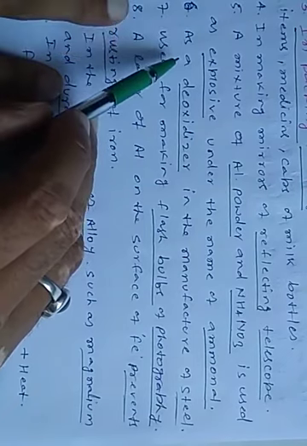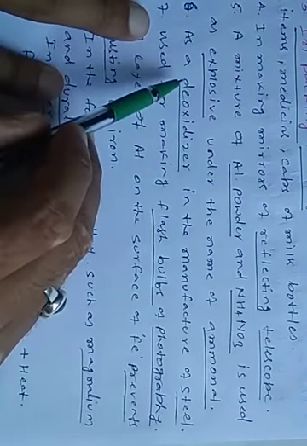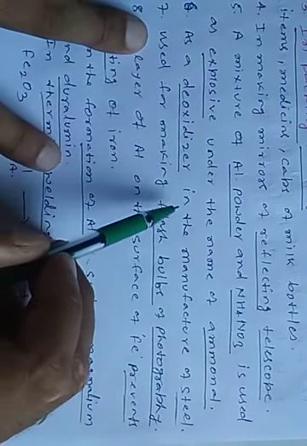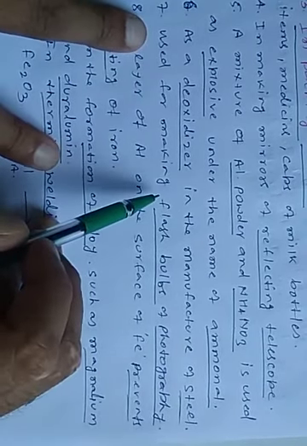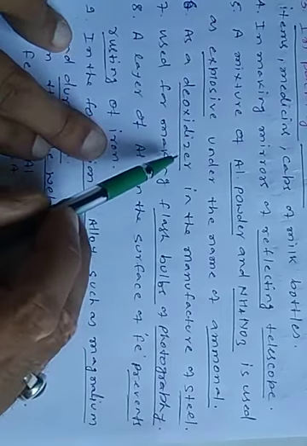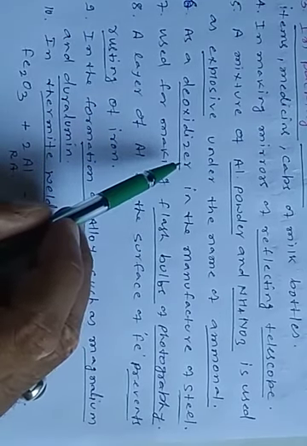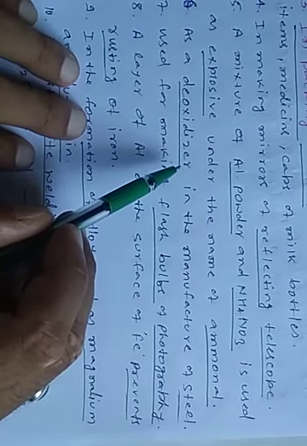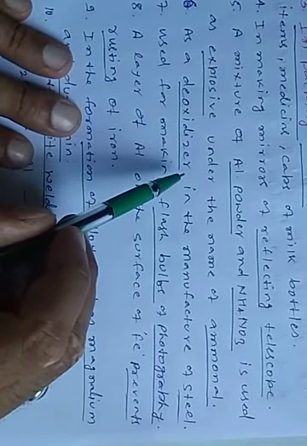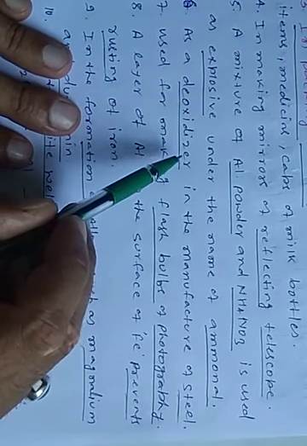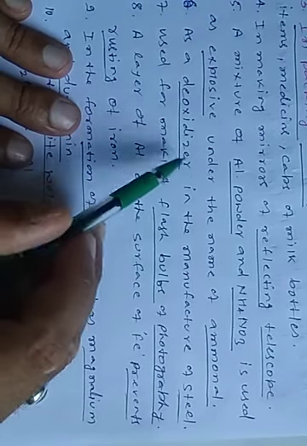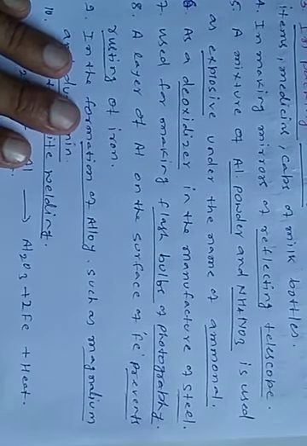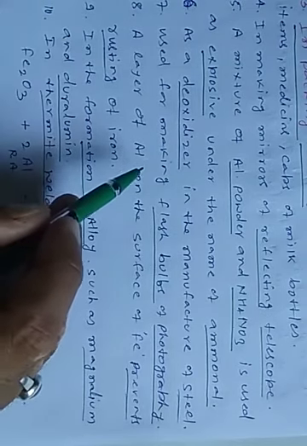Now aluminium is used as a deoxidizer in the manufacture of steel, because aluminium has a strong affinity towards oxygen. That's why aluminium is used as a deoxidizer, and it has good reducing properties.